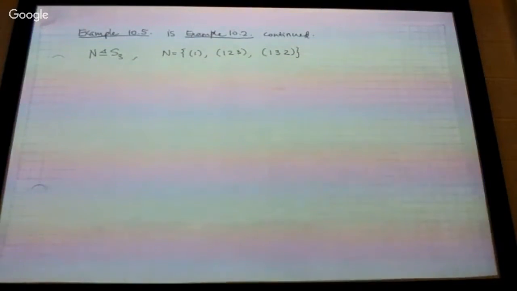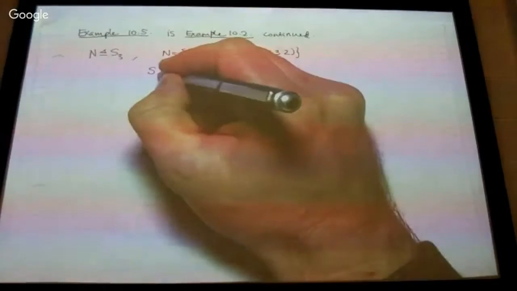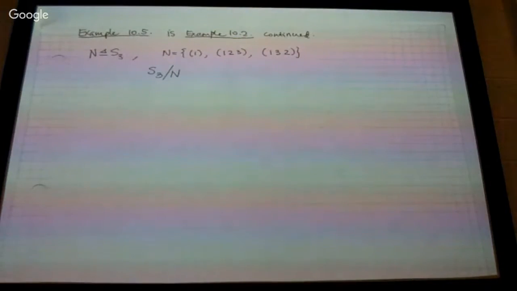It's a subgroup, and they're inverses of each other, and you can check that it's normal because the cosets are the same. That's what we did. Now, what happens if you take S3 factor group, sometimes it's called quotient group, by N?